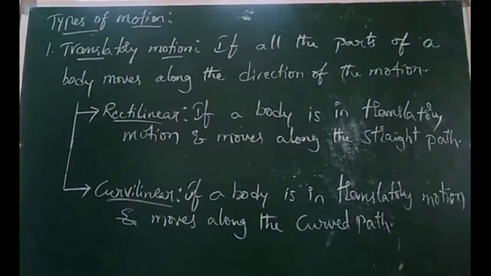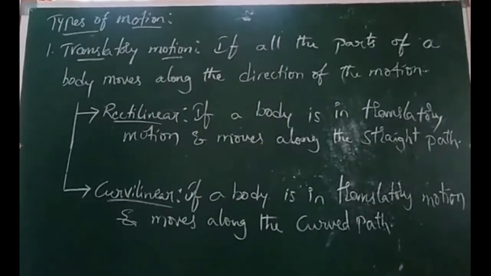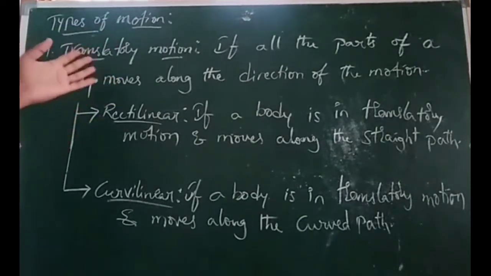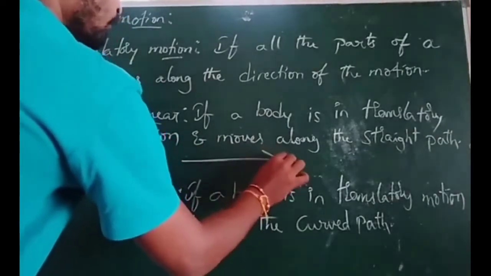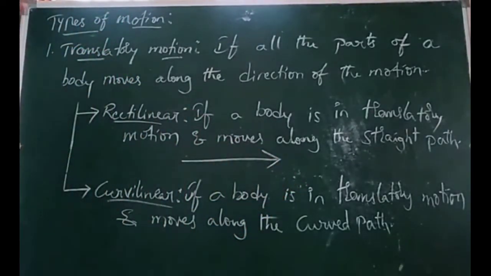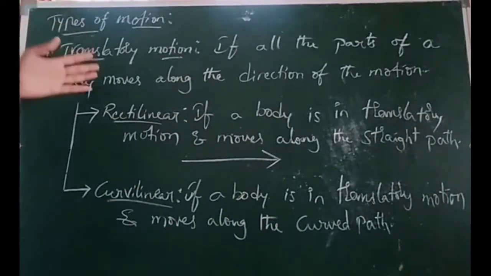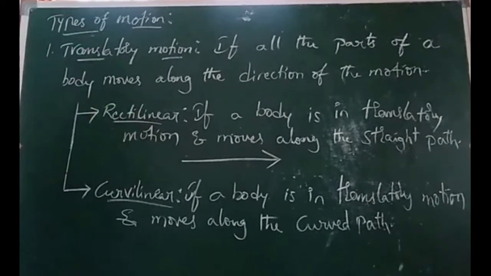By the definitions you can easily understand that translatory motion and rectilinear motion are both the same. A body which is moving in a straight path is in translatory motion or rectilinear motion.